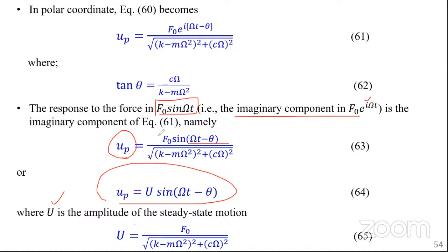So all these components are what we are calling U, the amplitude. You can see it is rewritten here in equation 65 as the amplitude of the steady state motion. Because of the forcing function, the forcing load, there is a motion that ensues. The motion of that forcing function, not the motion of our structure. That's the amplitude U.